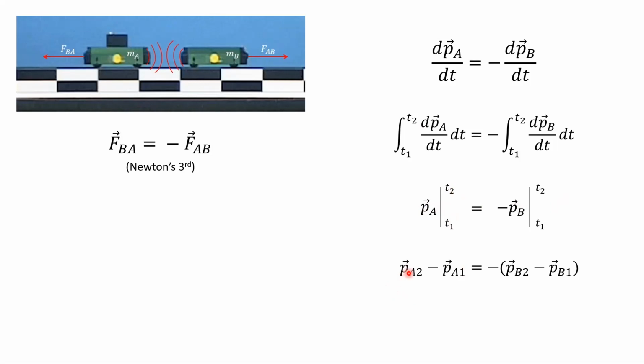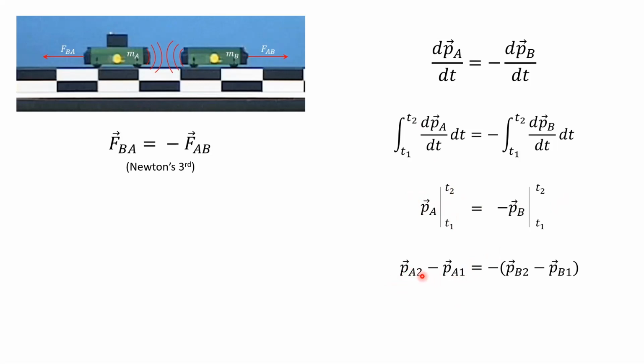And here's a notation that you'll see during your unit on momentum. PA2, this is the momentum of cart A at time 2. This is the momentum of cart A at time 1. So I'm using letters to distinguish the masses and numbers to distinguish the times. Now, can we rearrange this equation? It's a little gnarly with all the subscripts there. Well, what is this quantity?